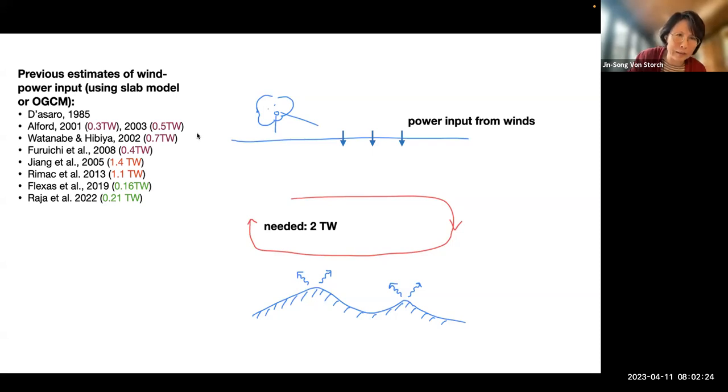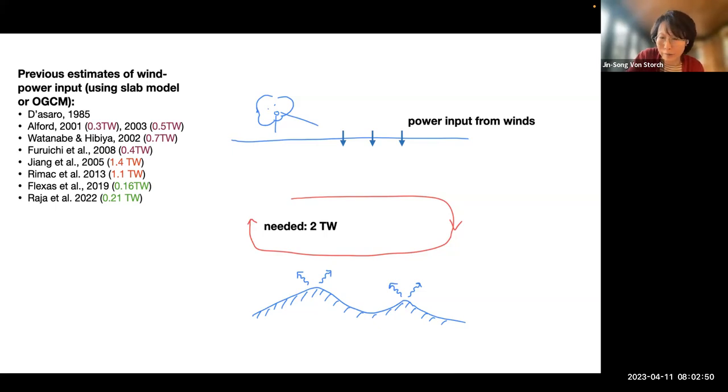Then later there are these red ones, indicating that if you use different wind products, for instance instead of 6 hourly data, you get higher input. So everything is sensitive. And then the two recent ones give somewhat lower numbers.